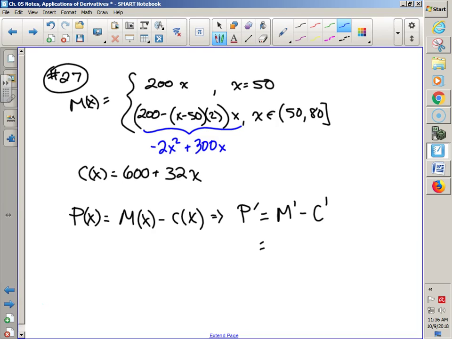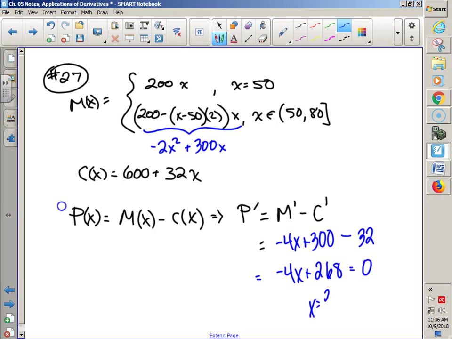M prime would be negative 4x plus 300 minus C prime would be 32, which would be negative 4x plus 268, which would happen at x equals 268 over 4, which would be 67.